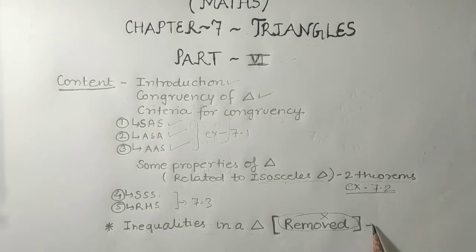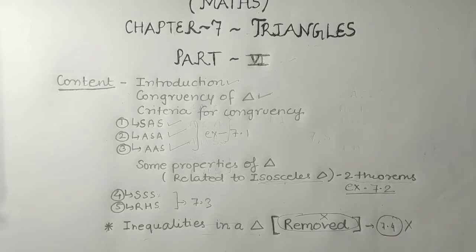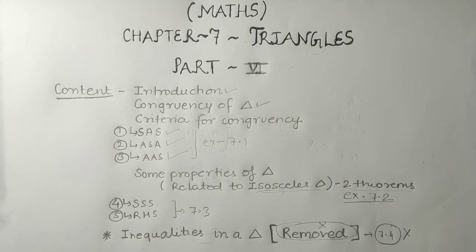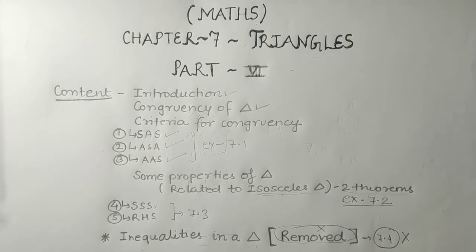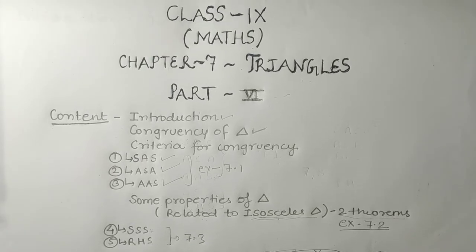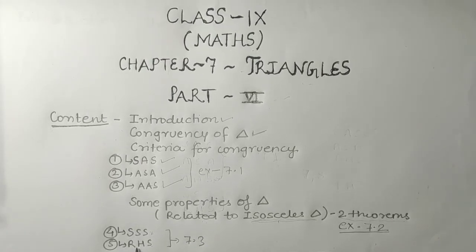On the basis of this topic, exercise 7.4 was there, but now we'll not study it because in the new syllabus this topic is deleted. So we'll study till right angled hypotenuse side and exercise 7.3.